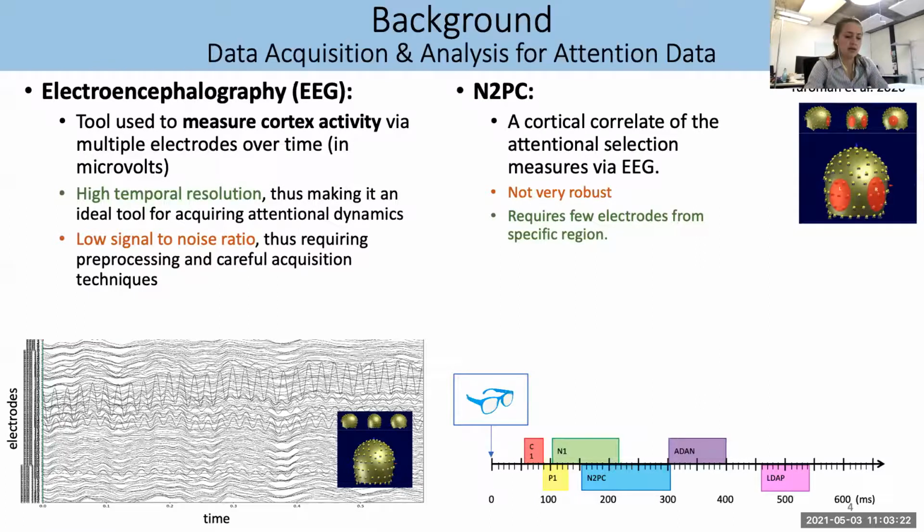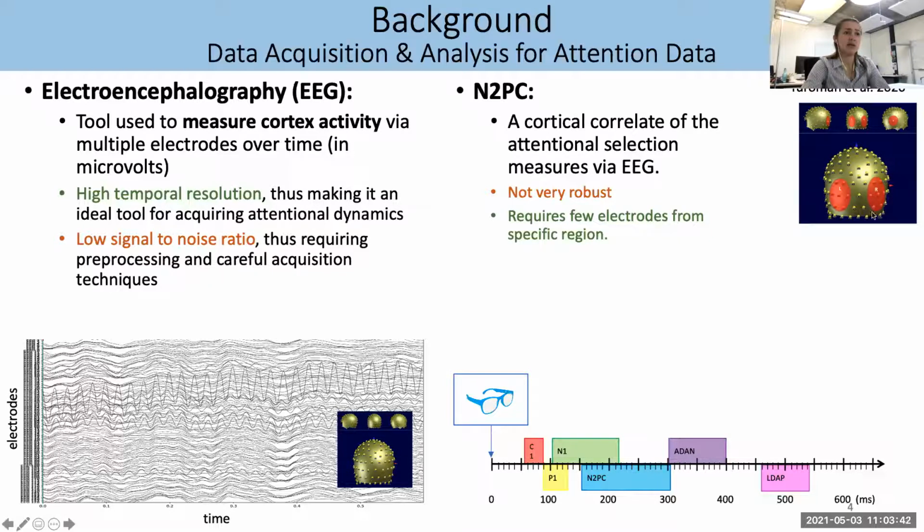A measure for attention is N2PC, which is the standard for attentional selection. It is the cortical correlate of attentional selection that's extracted from EEG. It's not very robust, but it does require few electrodes.